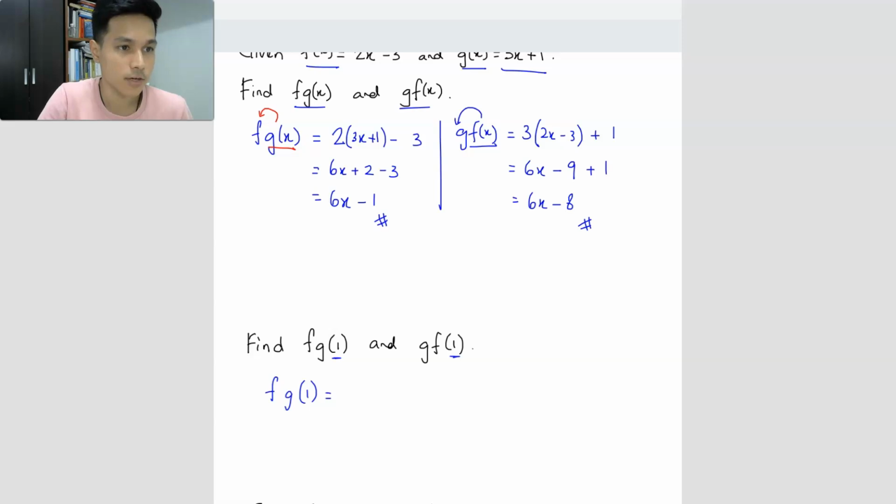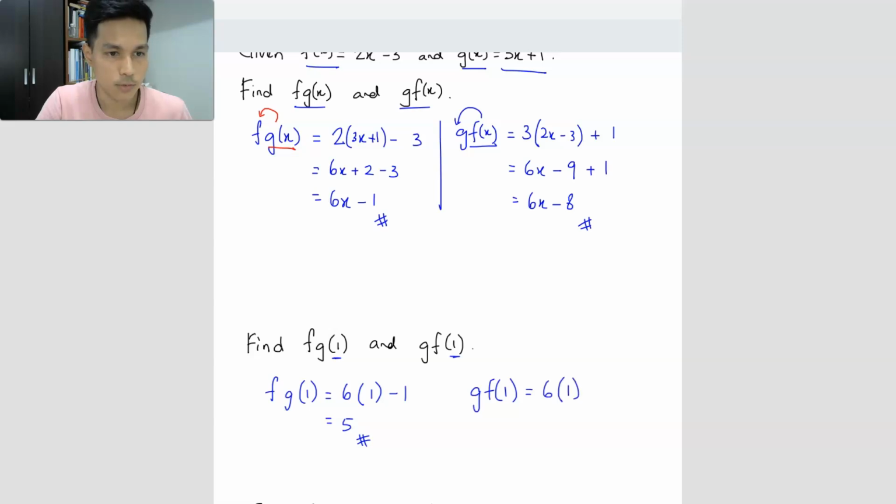So fg will be 6x minus 1, so it's 6 times 1 minus 1. So the answer is 5. And gf of 1, so 1 will be substituted, 6 times 1 minus 8, so you get negative 2. Clear? So this is how you solve when they give you the input.